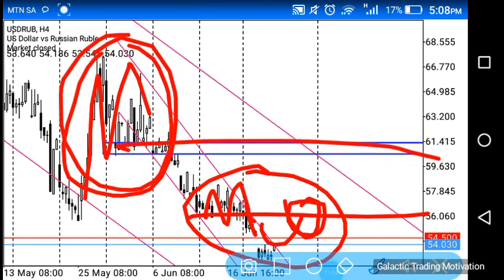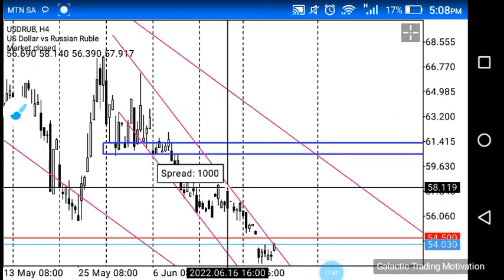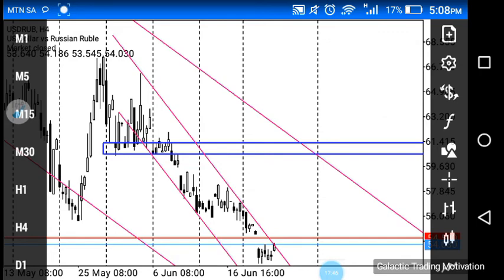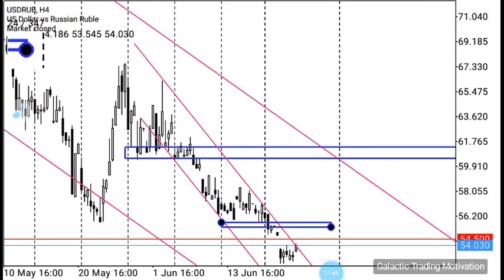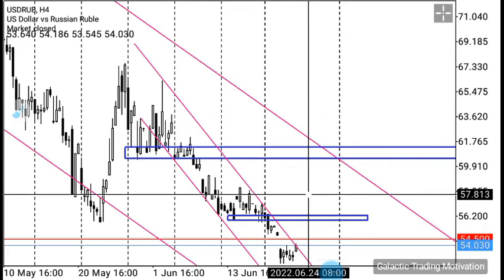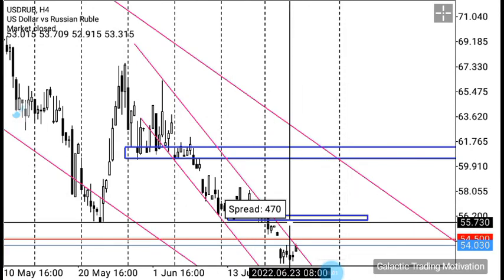For now, the most important one is this one over here, where we have this M formation. I'm just going to add a little neckline over there. There we go. There goes our neckline. So price may come to this point and then bounce further down.